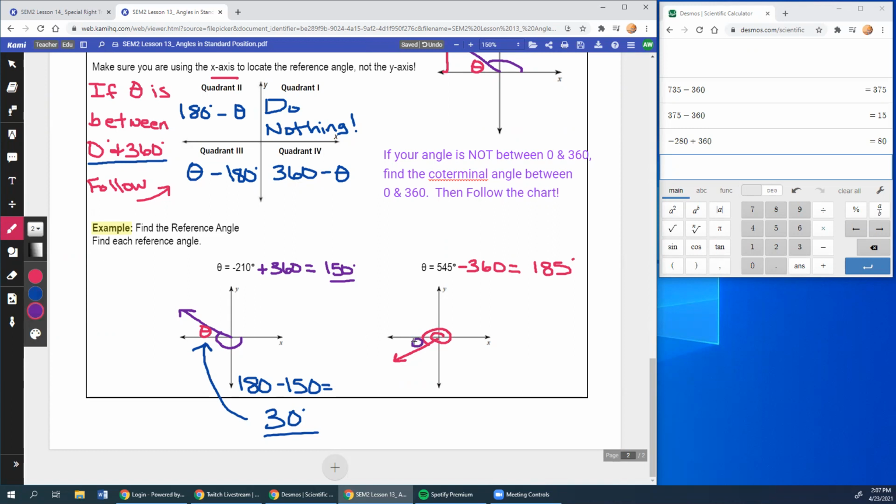And this is the angle we're trying to find. So it lands in quadrant 3. So in quadrant 3, we do the angle minus 180. Again, because we had to find a coterminal, we use the coterminal angle, 185 minus 180. And our reference angle is 5 degrees. So there you guys go, angles of rotation.